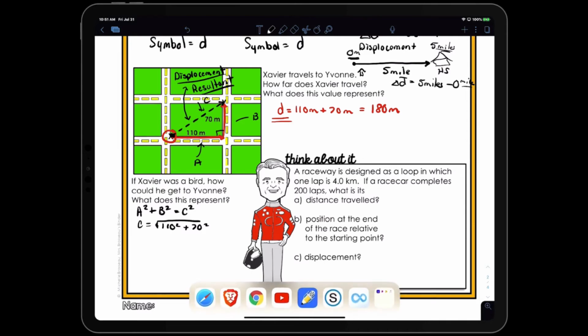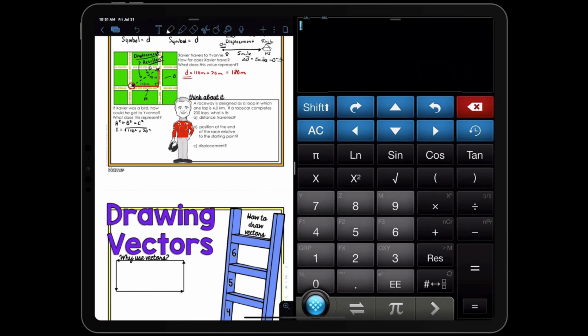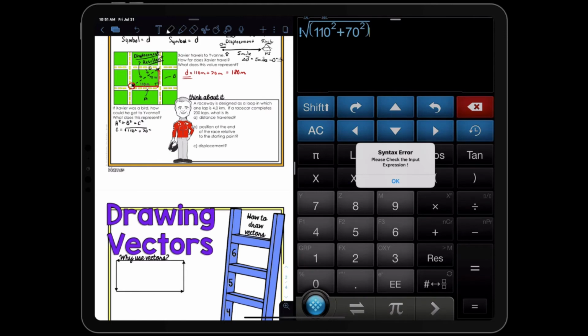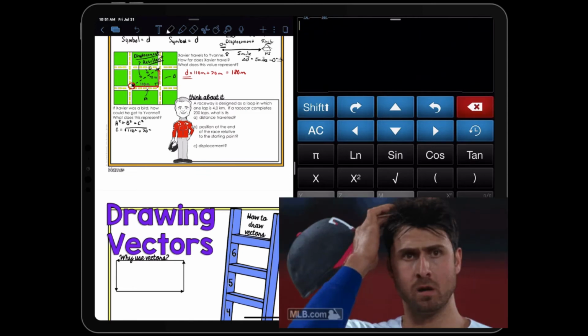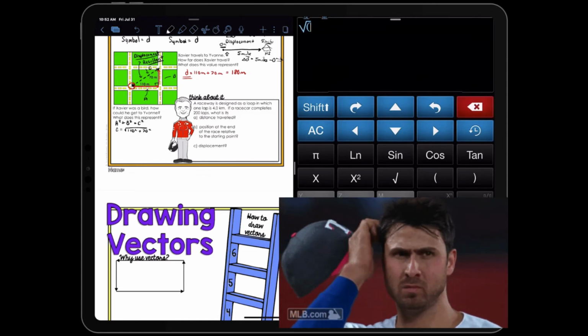Now I'm going to show you this because I want you to be able to plug this into the calculator correctly. You go square root, parentheses, you have 110 squared plus the 70 squared, close it up, and we should get 130.